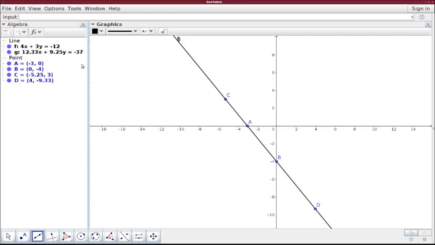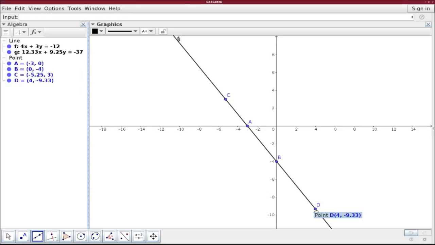Now, the reason for that, if I zoom in on the value for point C, we see that yes, negative 5.25 is the true decimal value of negative 21 over 4. Whereas, if I zoom in on the point D, which was supposed to be my 4 comma negative 28 over 3, here I see that my decimal is only negative 9.33.